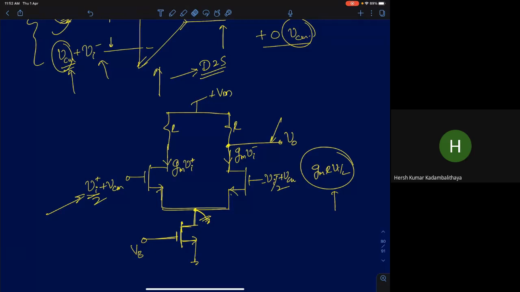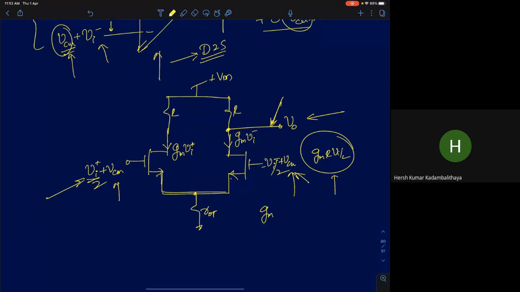Yes, right. Let's assume this tail transistor has an output resistance of ROT. Can you tell me approximately, if I apply VCM on this node, what will be the response due to VCM at the output node? See, we have already analyzed this.